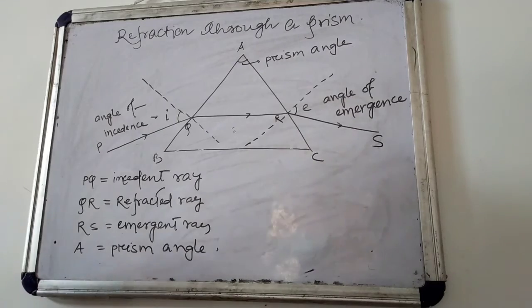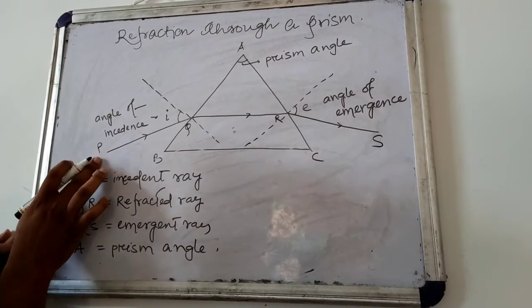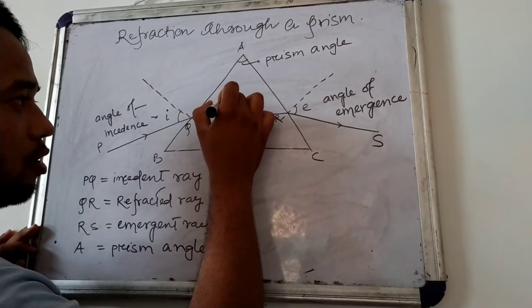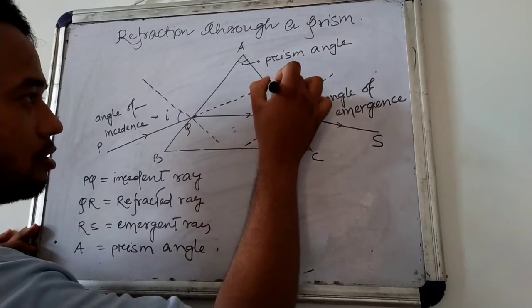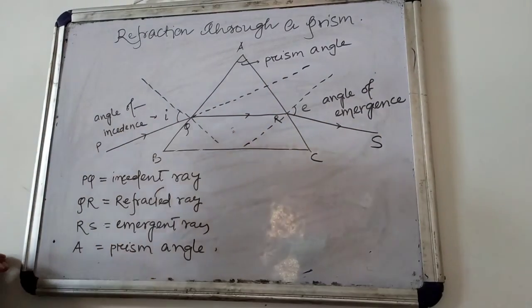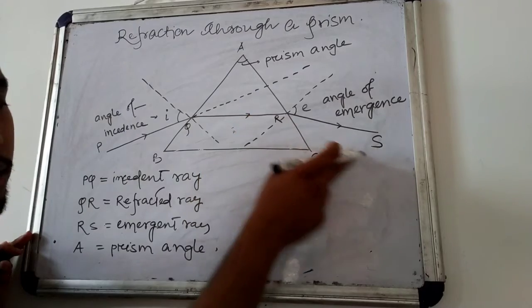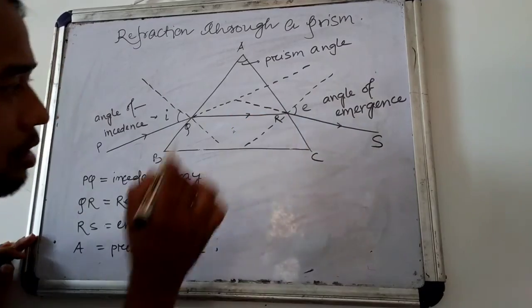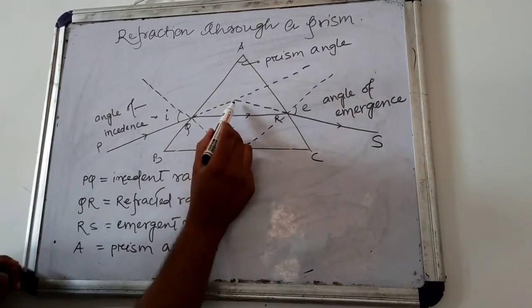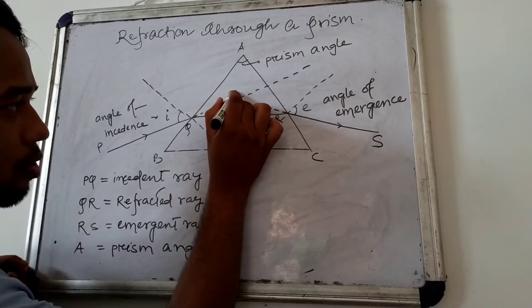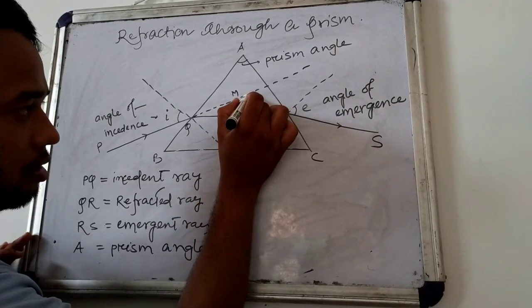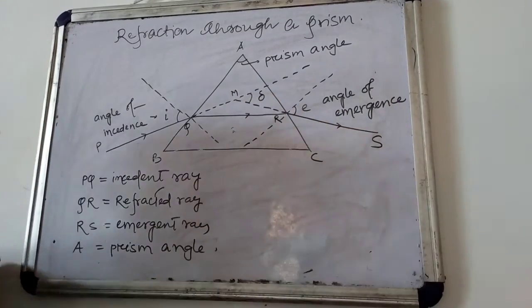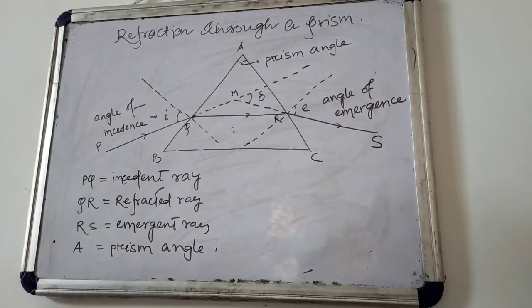Okay, so next, if we increase this incident ray by a dotted line in the original direction, and also if we increase this emergent ray in the backward direction, then these two rays will intersect at this point, and suppose it is point M, and this angle formed by these two dotted lines, this angle is called angle of deviation, that is represented by delta.